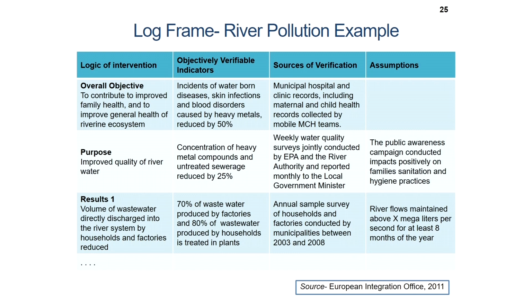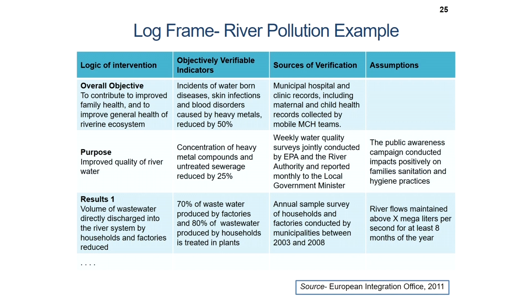Results: volume of wastewater directly discharged into the river system by households and factories reduced. Then you go to the assumptions column, beginning with river flows maintained above X megaliters, and public awareness campaign conducted impacts positively on family sanitation and hygiene practices.